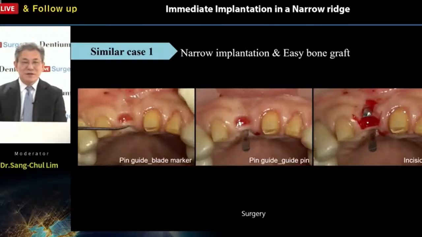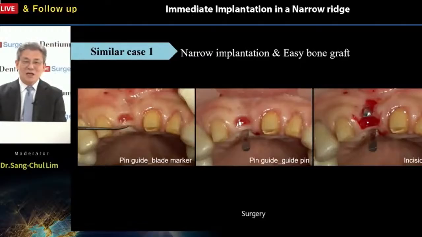So we may know about defects, some concavities, or the bone qualities. However, in a flapless surgery case, it is very difficult to recognize bone quality, bone shape and morphology, even the bone defect. So this pin guide helps to recognize bone morphology underneath the soft tissue. First, the pin guide blade marker and pin are inserted between the bone surface and the periosteum.